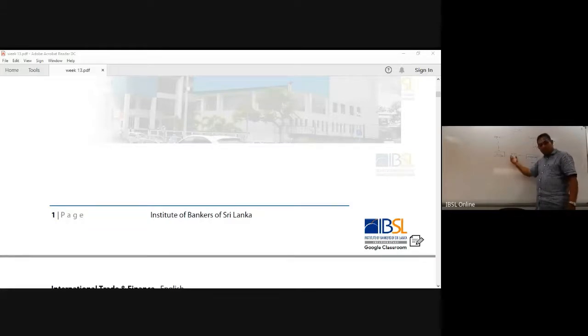The format is MT 700, the SWIFT format, sent to an advising bank. Unless it's a domestic case, meaning both applicant and beneficiary are customers of the same bank, you always seek an advising bank. Otherwise, you can send the LC directly to the beneficiary.